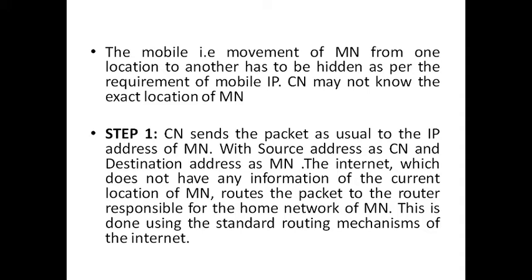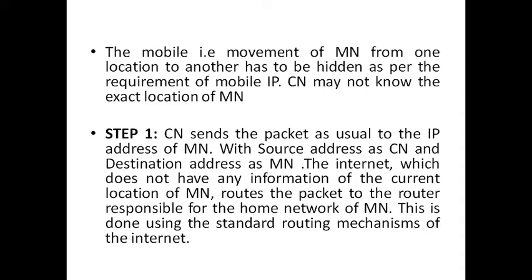from the correspondent node to the router home agent via internet. So here the correspondent node sends the packet as usual to the IP address of the MN. CN does not need to know anything about the mobile node's current location.